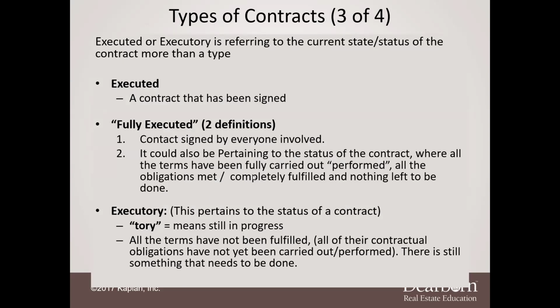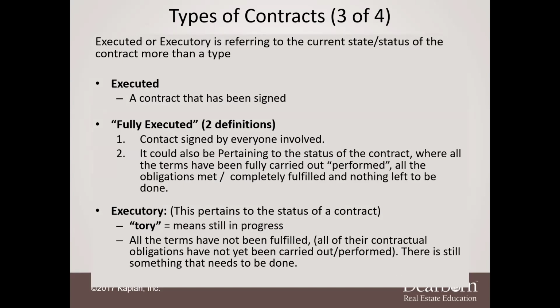Contracts can be executed or executory. This refers to the status of the contract. An executed contract can be one that has been signed. A fully executed contract is one that is signed by everybody.